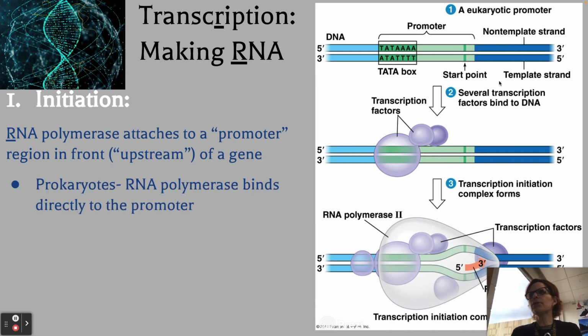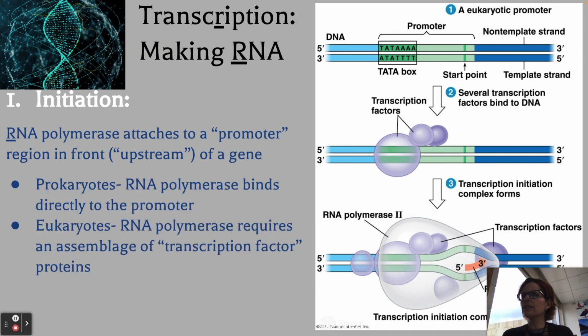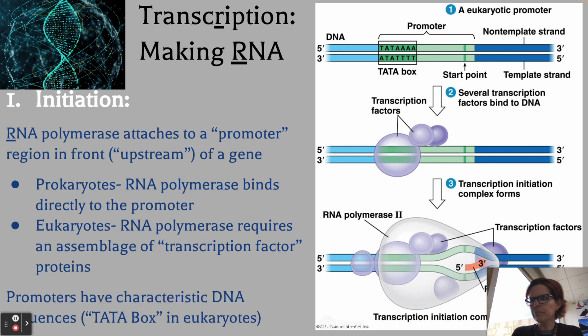In prokaryotes, the RNA polymerase binds directly to the promoter, but eukaryotes have these transcription factors, and that helps the RNA polymerase bind more tightly and more efficiently so that it works a little bit better. And then eukaryotic promoters have a characteristic DNA sequence like a TATA box.